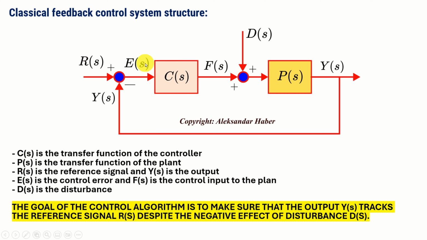E of S is equal to the difference between R of S and Y of S, and this is the control error. F of S is the control input to the plant, and D of S is the disturbance.